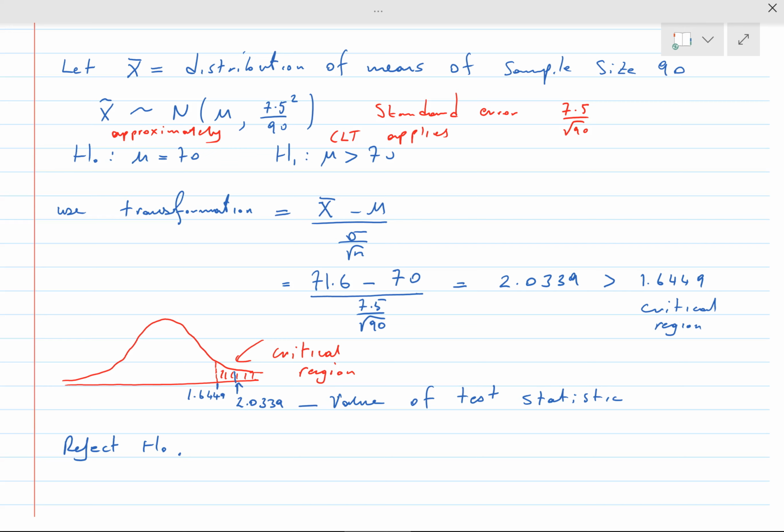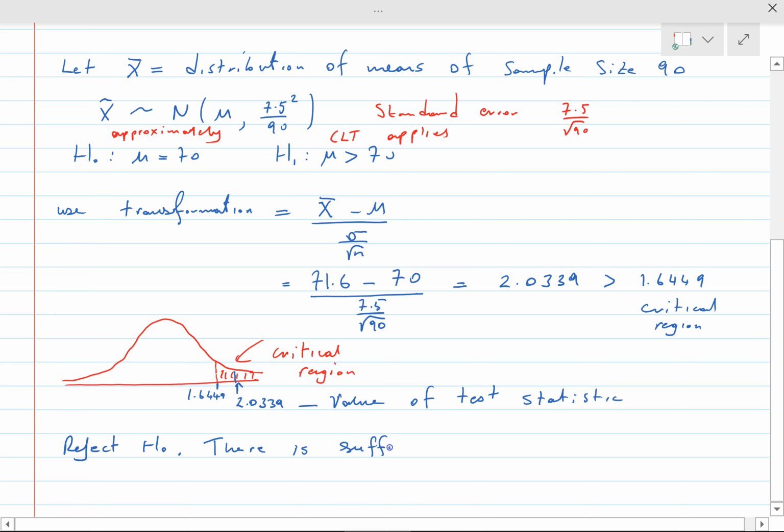So we have to give some nod to that. And the way we normally do that is say there is sufficient evidence to suggest, that pretty well covers it.